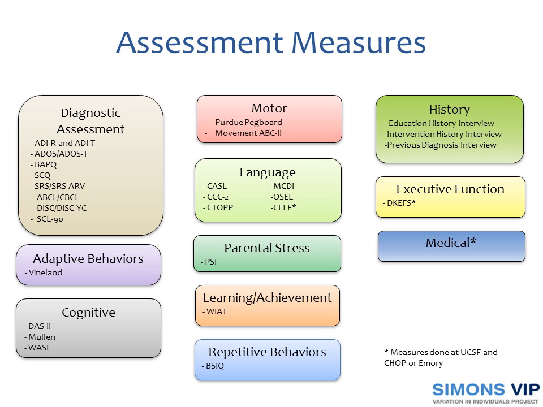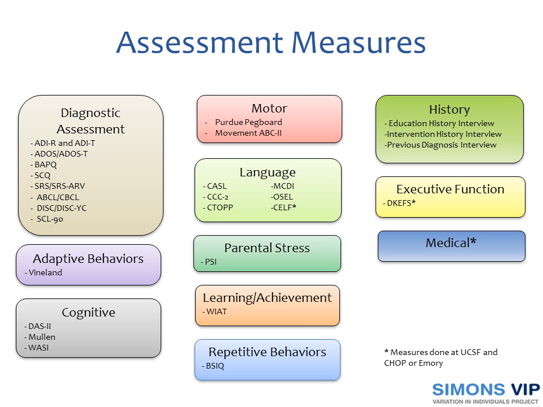I talked a minute ago a little bit about cognitive skills, which are IQ or problem-solving measures. And then we looked at motor skills and language skills, and we did a parental stress measure because we do find that sometimes parents can be under a lot of stress, particularly if they're worried about their children, so we wanted to measure that. We looked at learning or achievement, so that's just how well the kids were doing in school for those of our families who had children in regular academic classrooms.